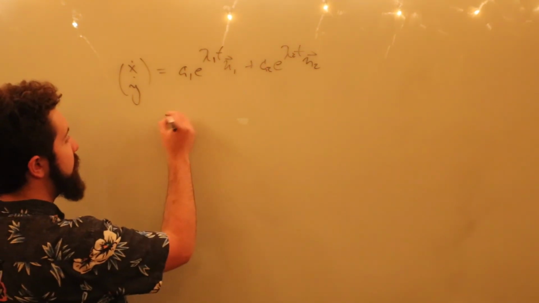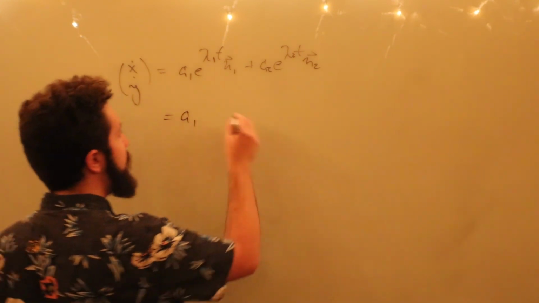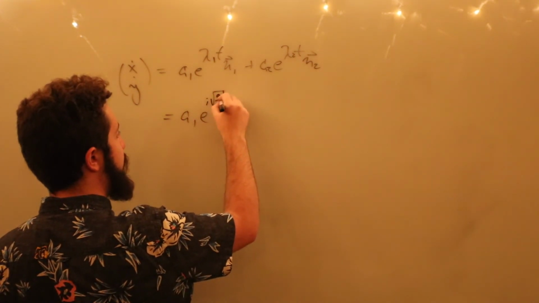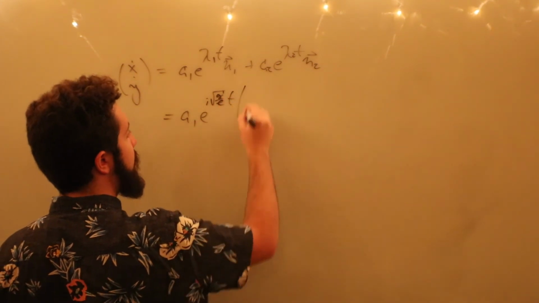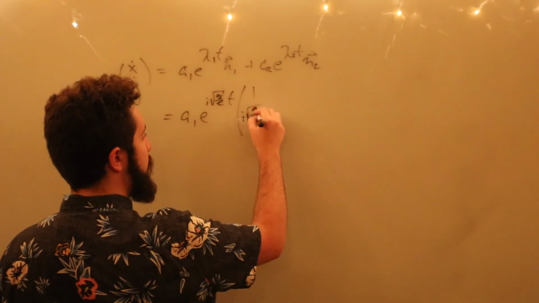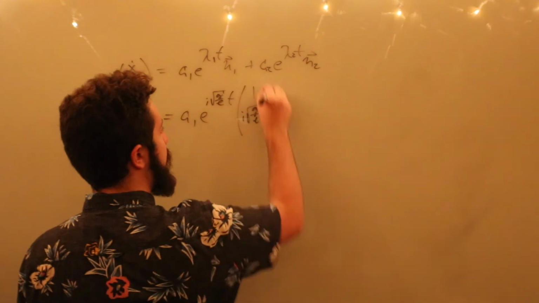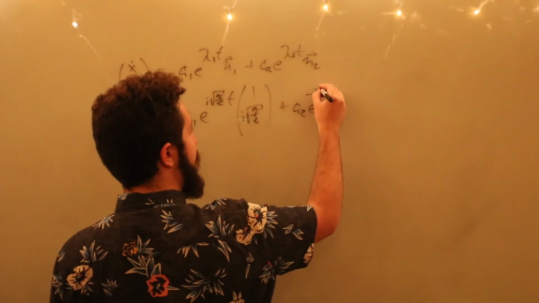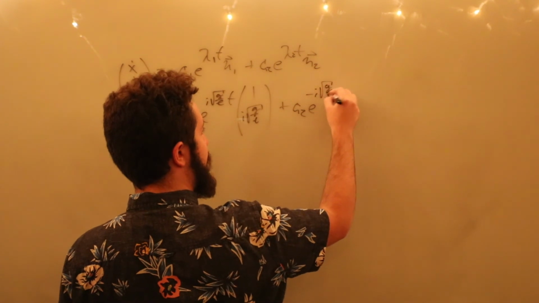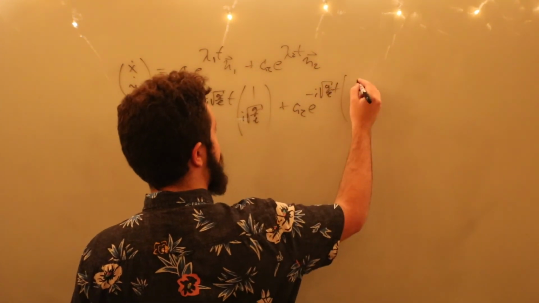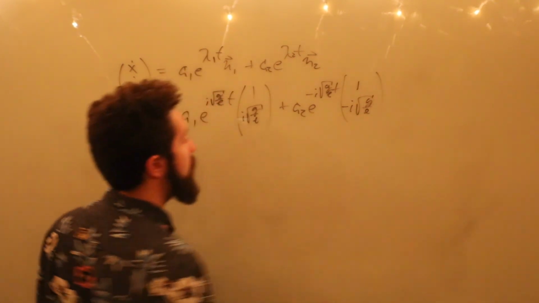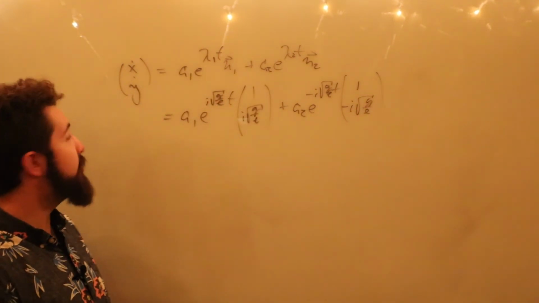So that we'll get a general solution of C1 times e to the i root g over L t times [1, i root g over L] plus C2 e to the negative i root g over L t times [1, negative i root g over L]. This is going to be our general solution for this system.